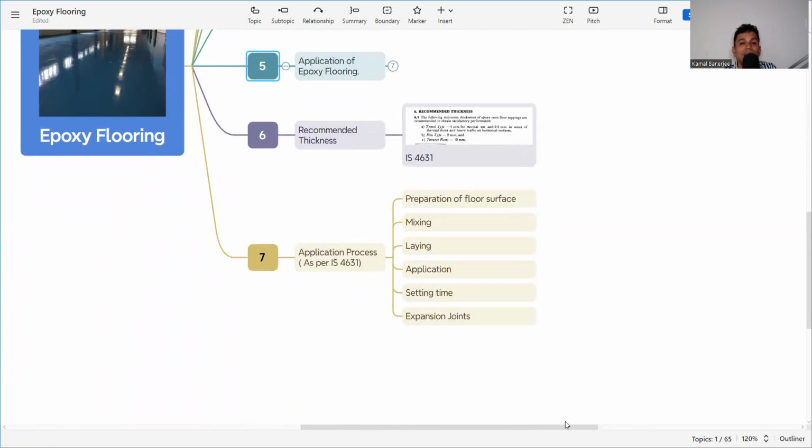So these are all the things you need to take care of whenever you are doing epoxy flooring, from starting with choosing the right kind of material, right kind of mixing, right kind of laying, right kind of protection from traffic, and also the expansion joint. And these two codes you need to follow whenever you are dealing with epoxy flooring.